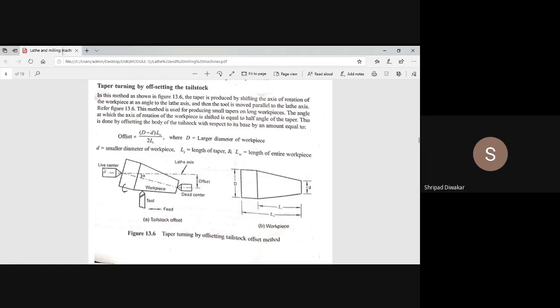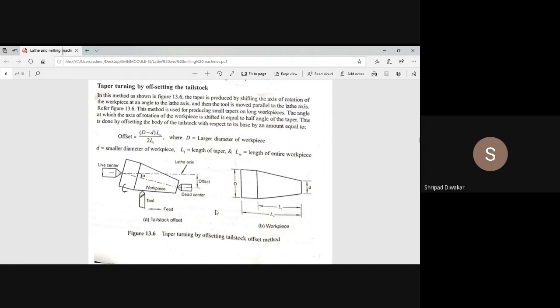You see the position of the live center is here, the axis of the live center is here, and for the axis of the dead center, we are going to shift the tailstock a little bit below the actual live center. Whatever amount we are shifting from the actual lathe axis, that is called offsetting.